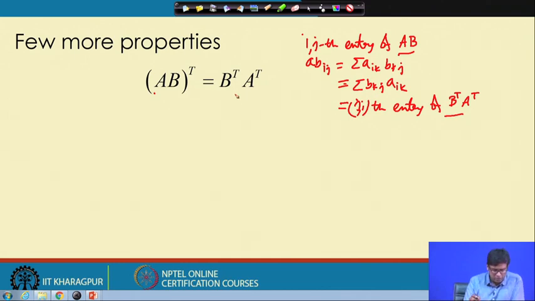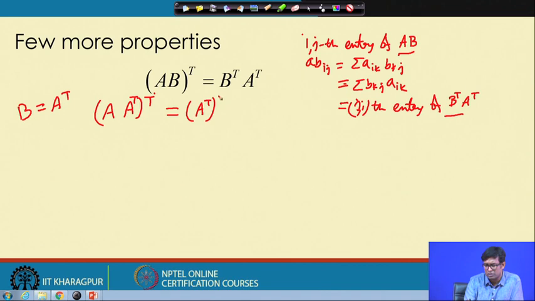In case we do A whole transpose, we multiply A by A transpose and take its transpose. So we take B equal to A transpose. What we get is A transpose into A transpose, which is nothing but A transpose, and therefore A transpose is a symmetric matrix.